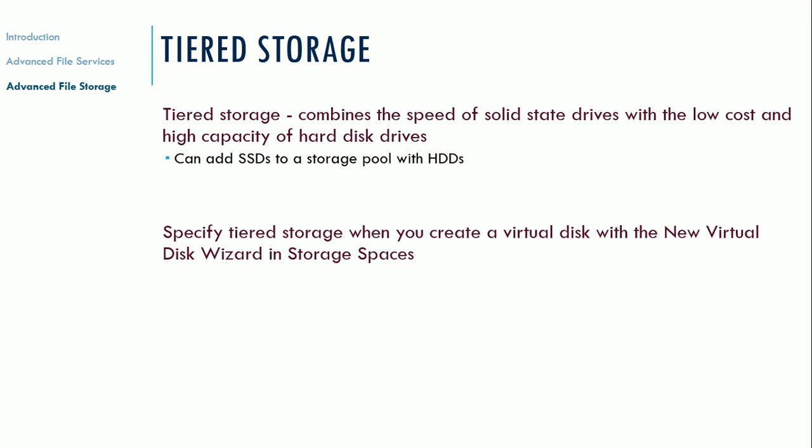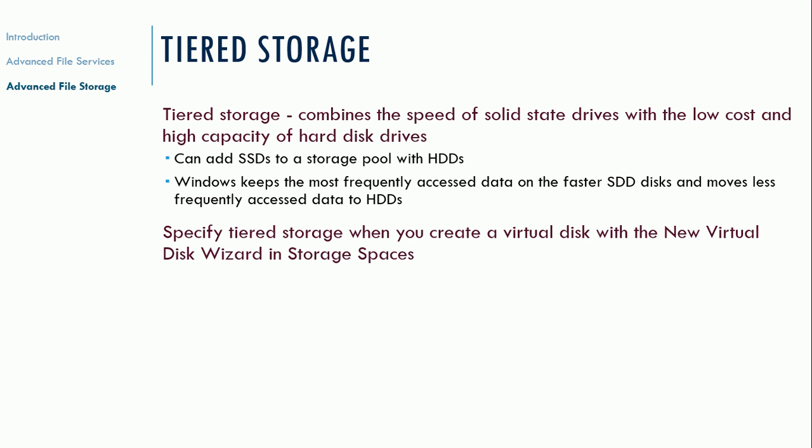So basically what happens with tiered storage is you can use both solid-state drives and hard drives in a pool, and when the data is being accessed more often, it can be on the solid-state disks, whereas the less frequently accessed data is located on the hard drive.